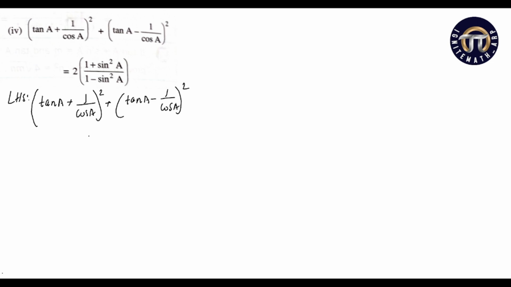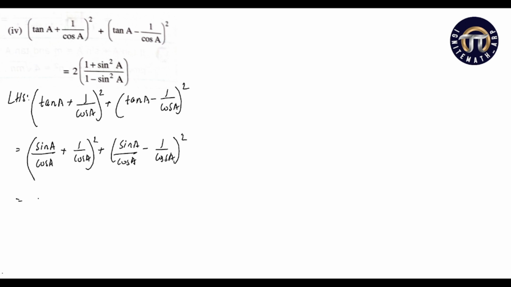So here 1 by cos a is there; either directly you can write it as secant, or if you want you can convert them to sin and cos, that can also be written. So what I do here is (sin a by cos a plus 1 by cos a) the whole square plus, here again, (sin a by cos a minus 1 by cos a) the whole square.